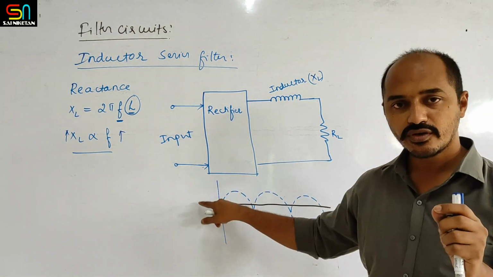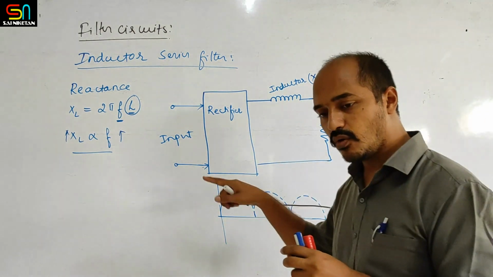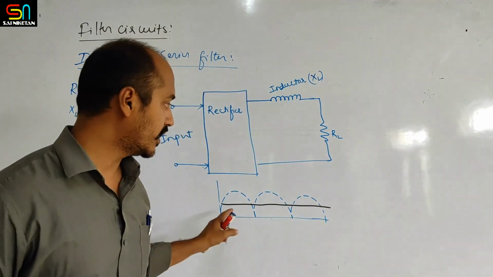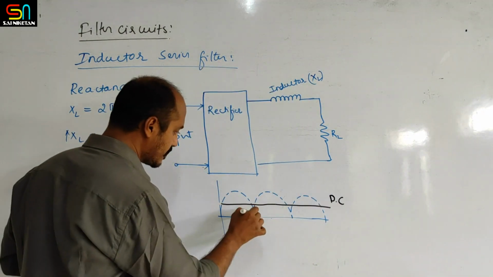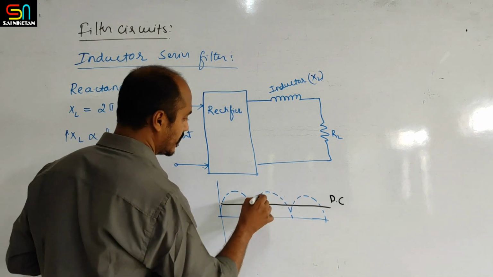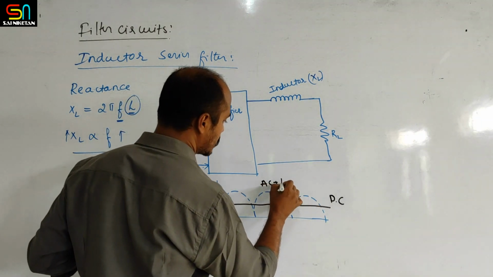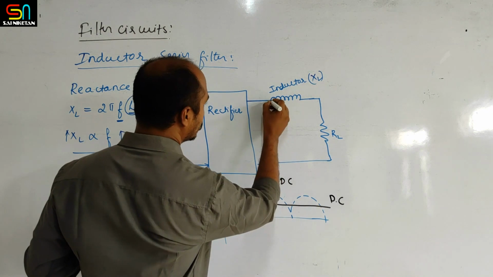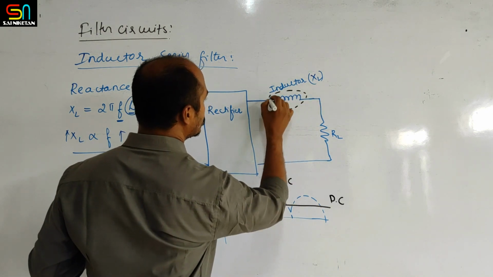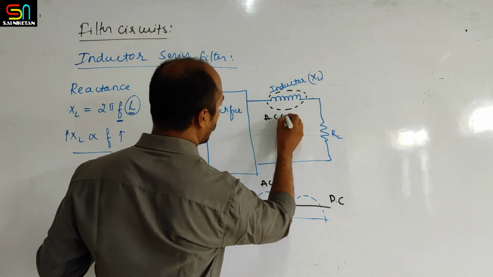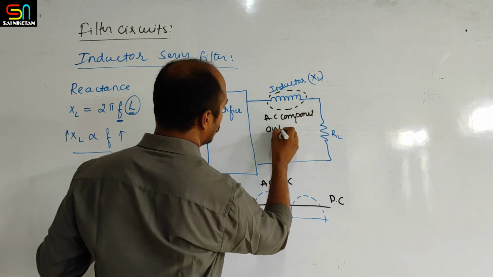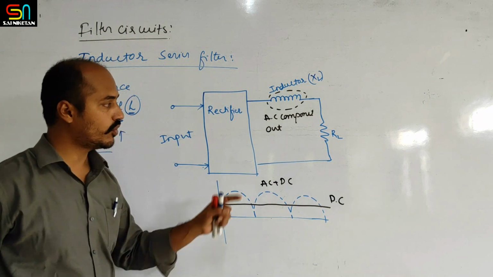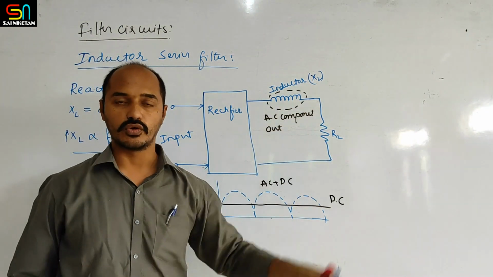For this reason, the pulsating voltage becomes a direct current voltage. This pulsating voltage, we can say, is AC plus DC. This component absorbs the AC component of the output and only allows DC to flow through it.